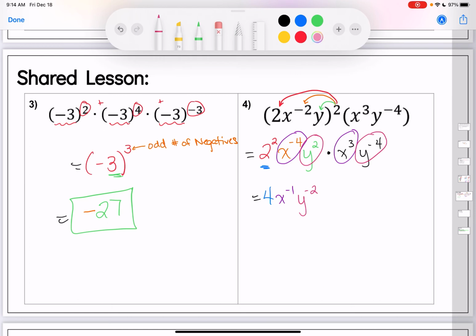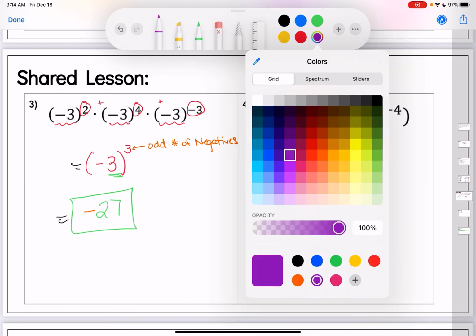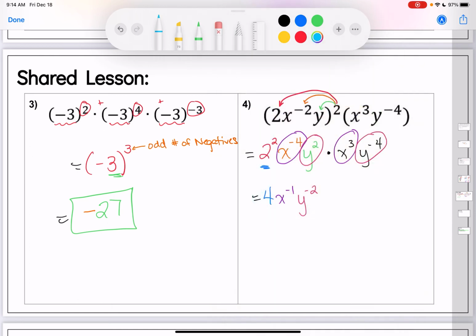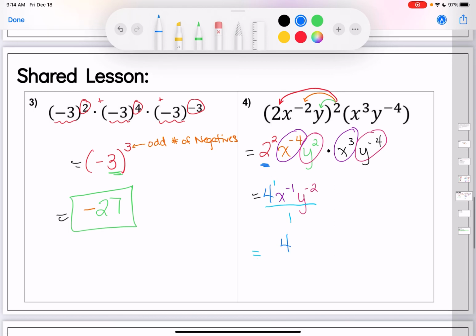So I do have some negative exponents now that I am going to have to take care of, but that's okay. So remember, all of this is over 1. Now be careful. The exponent on the 4, this is that invisible positive 1. So that 4 is not going to move. It's going to stay on the top of the fraction.